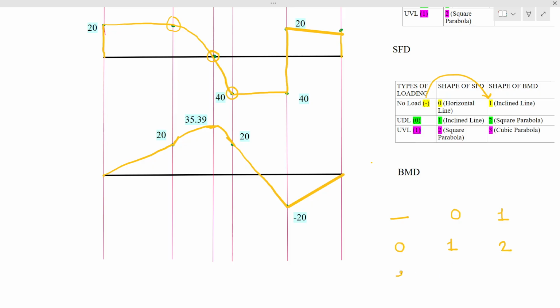When there is a UVL, that means a 1 degree line, SFD will be a 2 degree line and BMD will be a 3 degree line. So 0 means horizontal line, 1 degree means inclined line, and for the square parabola, the shape will be like a parabola. So this is the trick.